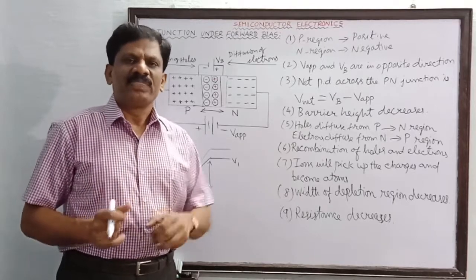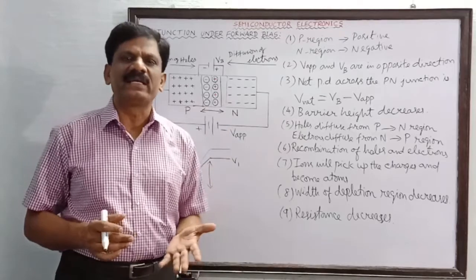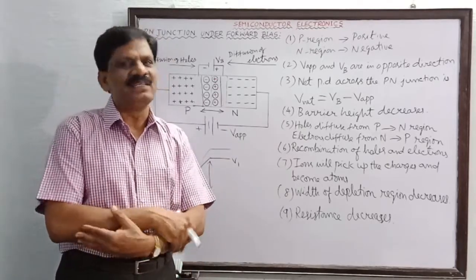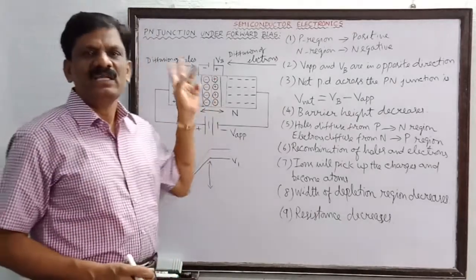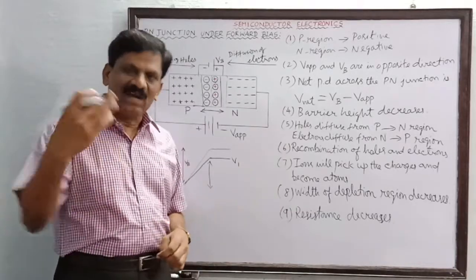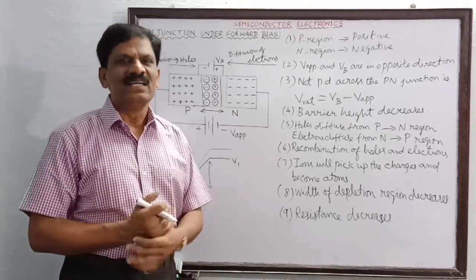That means as a result of recombination, the free holes and the free electrons disappear. They cease. Cease means they disappear, okay, students. As a result, the number of immobile ions present in the depletion region decreases. As a consequence, the width of the depletion region decreases.